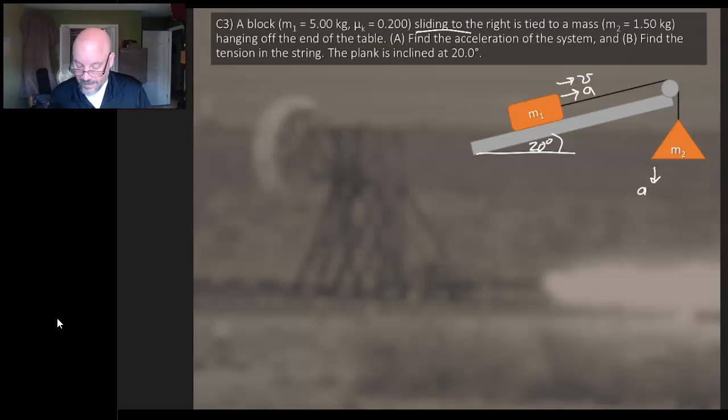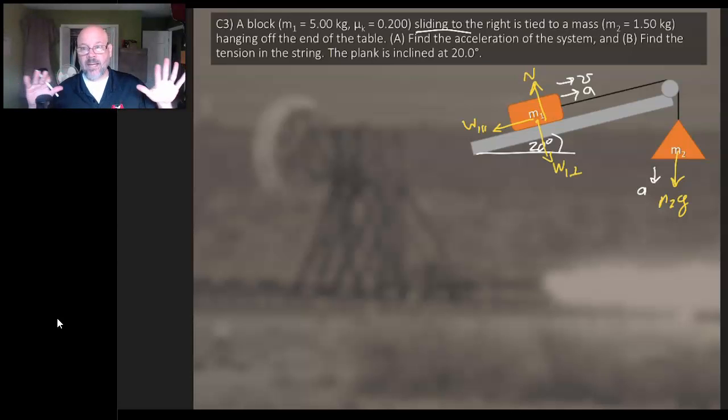Okay, and so if we put our forces on here, then we've got the weight, which is M2G of that guy, and we have the parallel component of M1, and here the perpendicular component of M1, and of course we have the normal force, just like that. Now I'm going to work this as one unified system, so I'm not going to worry about the tension. We could set it up that way if we wanted to.